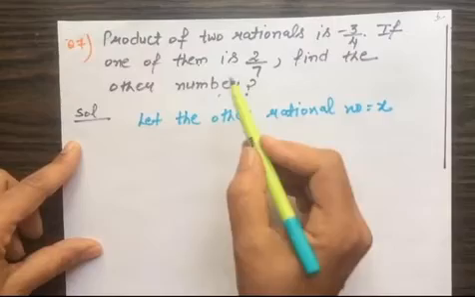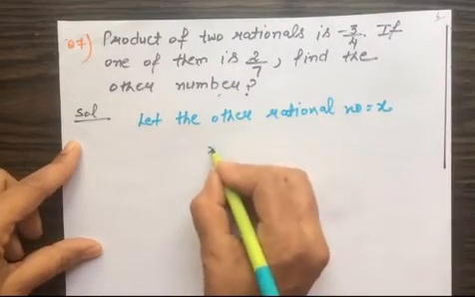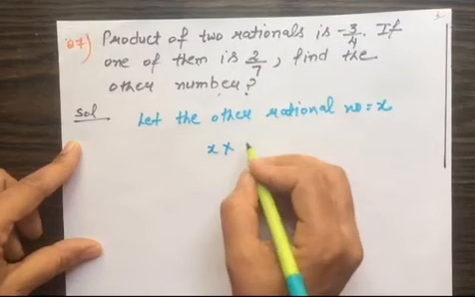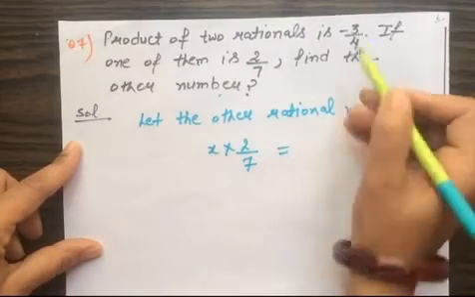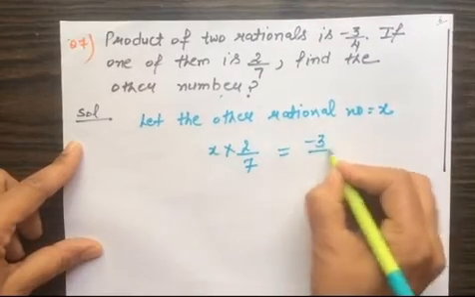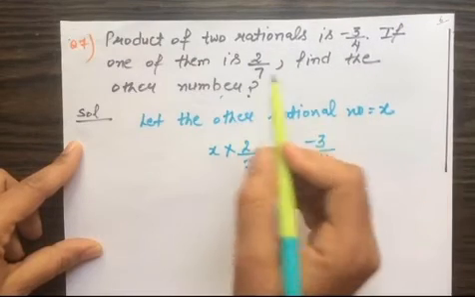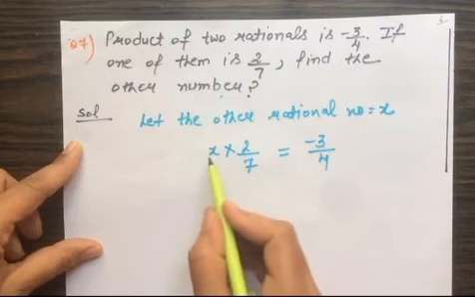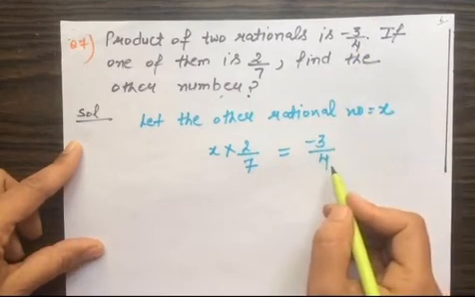Then according to the given question, x multiplied by the other number 2/7, the product of the numbers is equal to -3/4. The number x and 2/7, when multiplied, we will get -3/4.